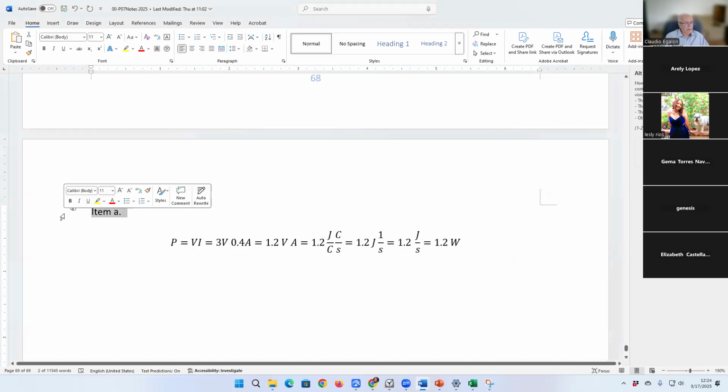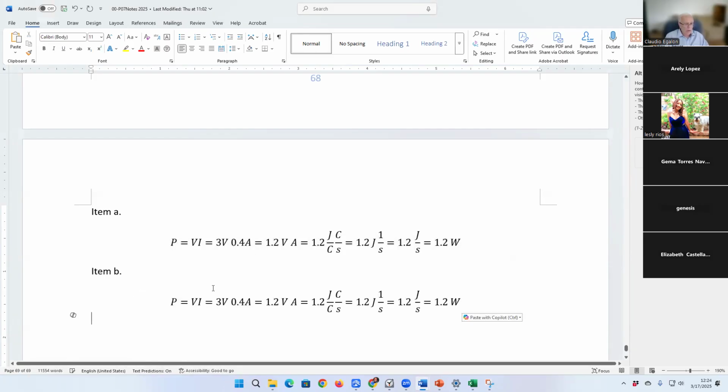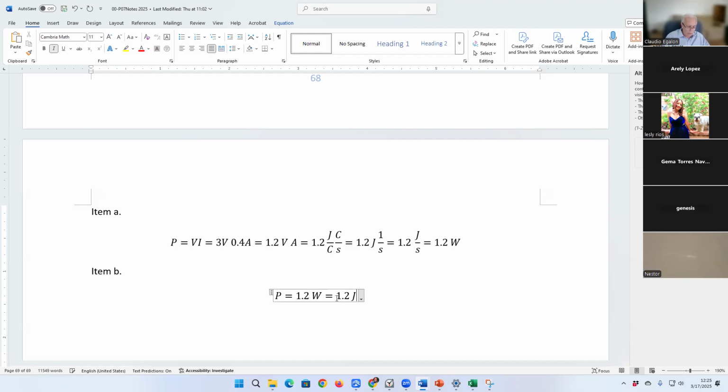Okay, item B. The power that's provided to the bulb is 1.2 watts, which is joules per second, right? Let's rewrite that: 1.2 joules per second.